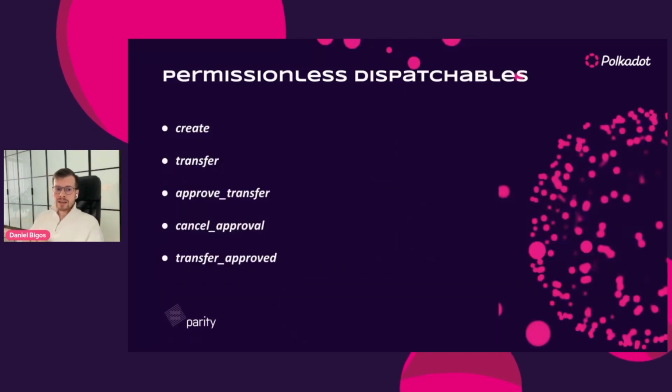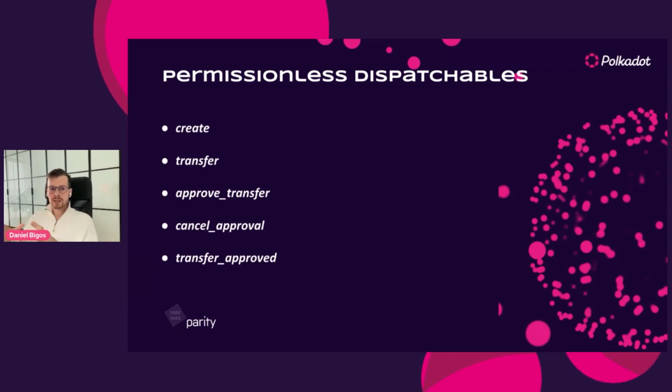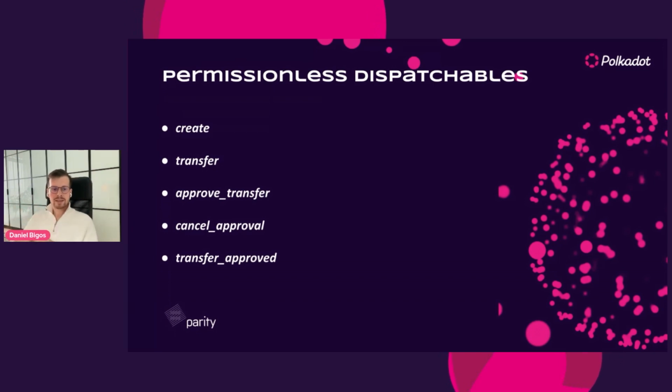So the assets pallet contains 3 buckets of dispatchable functions that can be executed by submitting a transaction to a chain. The first action is about creating a new asset. For asset creation, we just send a transaction to create, we specify some asset details, and that's it.